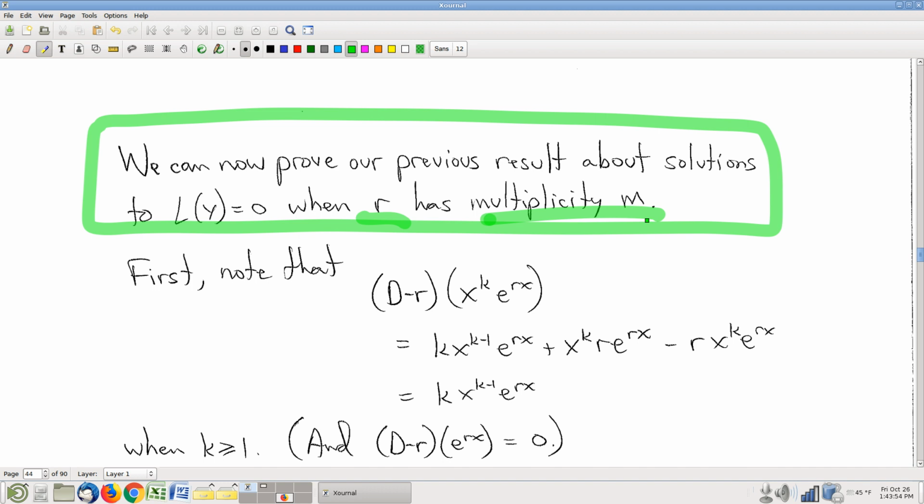Right? And we made this claim that you take the exponential that you would have gotten from that root. That still works. But then start multiplying by powers of x until you get to, mysteriously, one less than the multiplicity, and all of those will also be solutions.